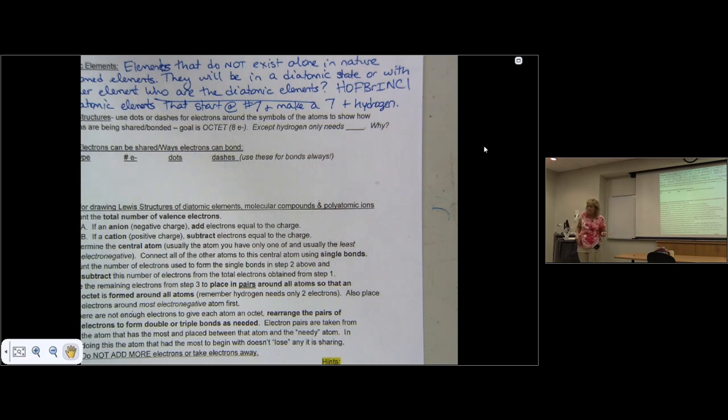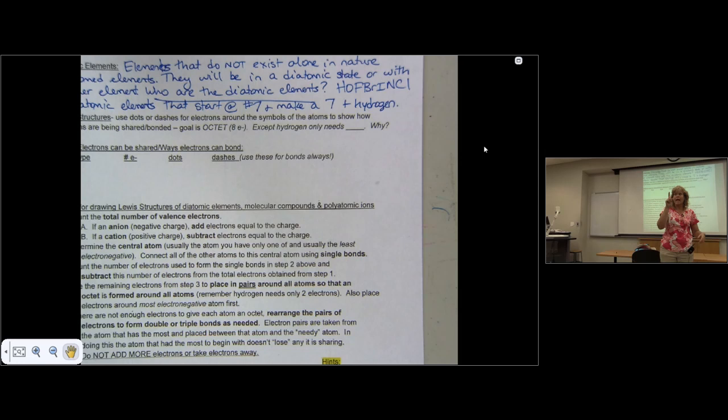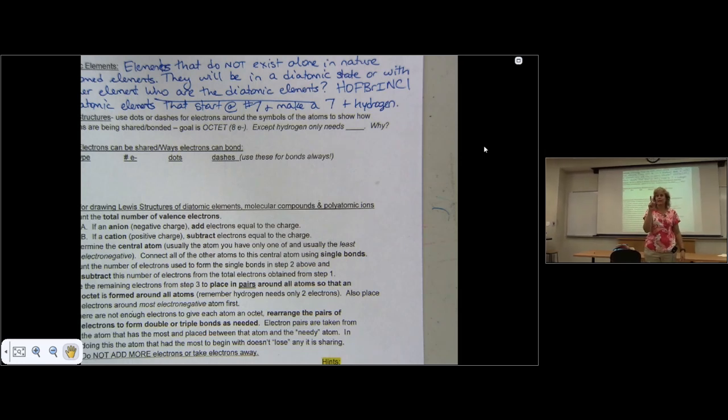You with me? Now you get my picture up here I'm trying to draw? So chlorine with its 7, chlorine with its 7. What do these two do? Share. So we're hooked together now, right? Cl2, yes? And then over here we have sodium with its 1, and we have 1 sodium with its 1.